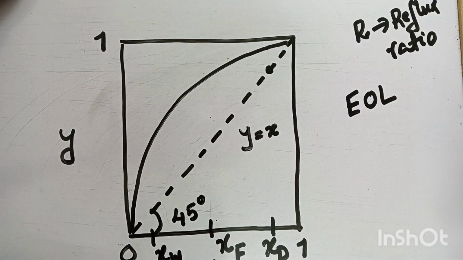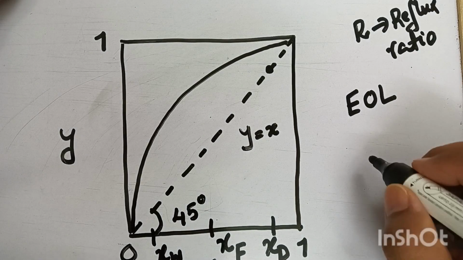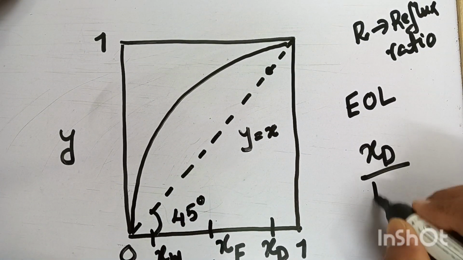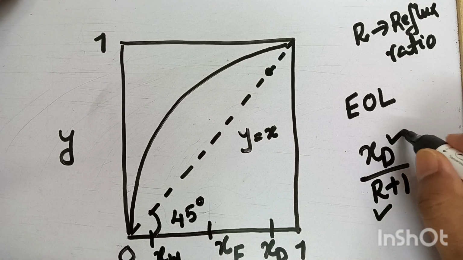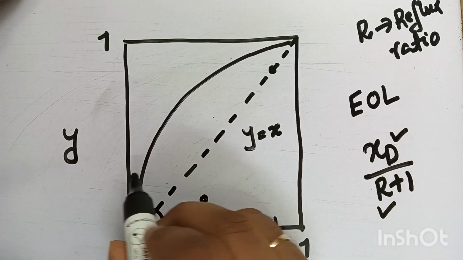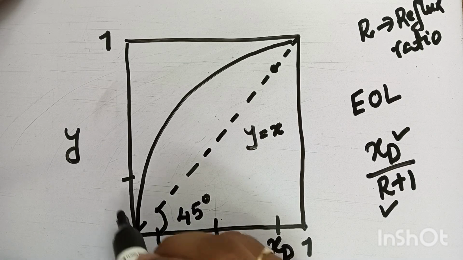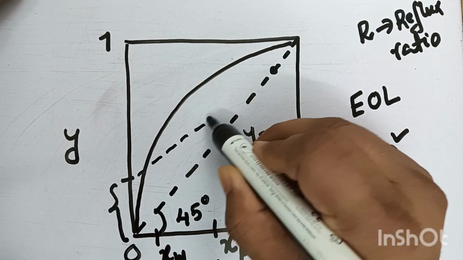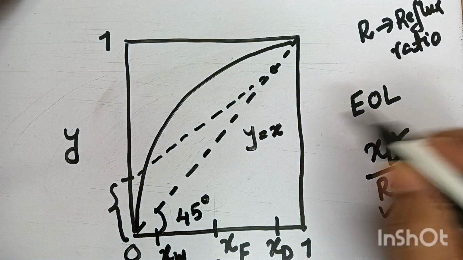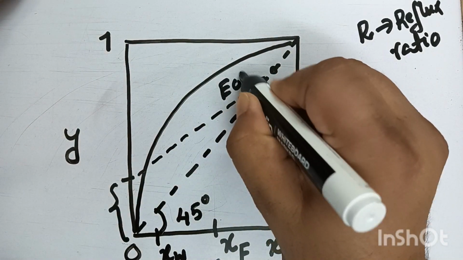Also we can find the intercept, which is XD over R plus 1. So if you know the reflux ratio and XD, you can find the y-axis intercept, and from this point you join it and construct the enriching section operating line, which is EOL.